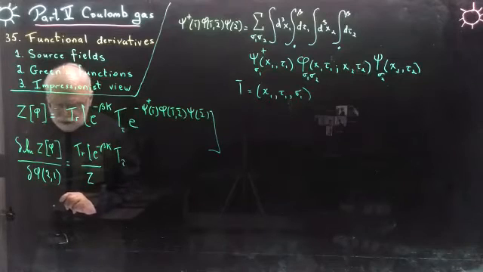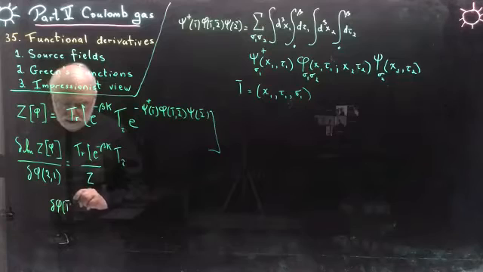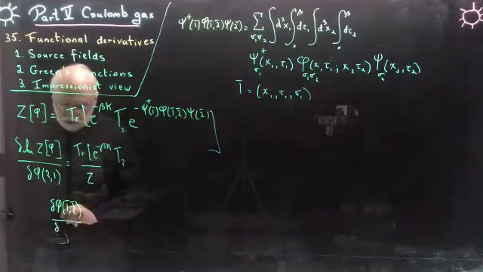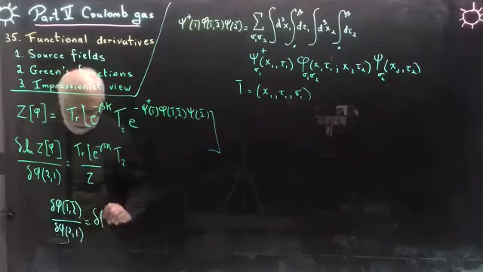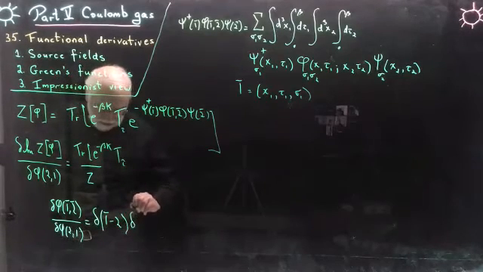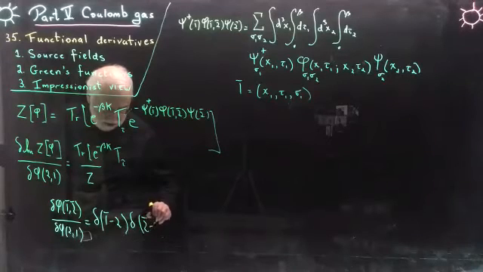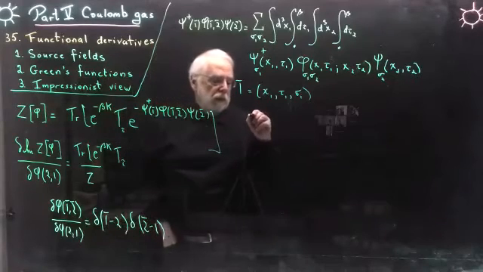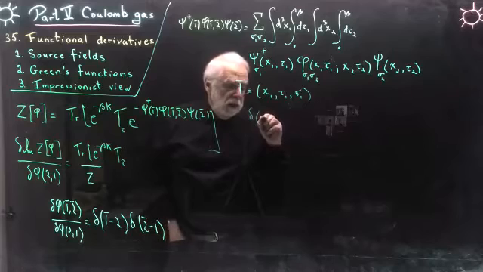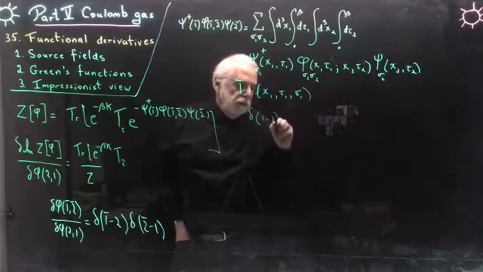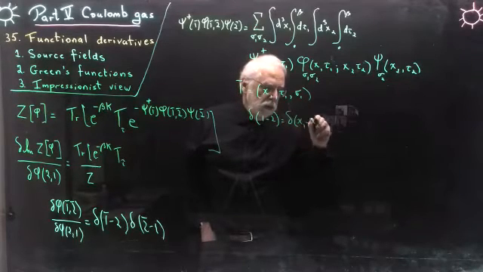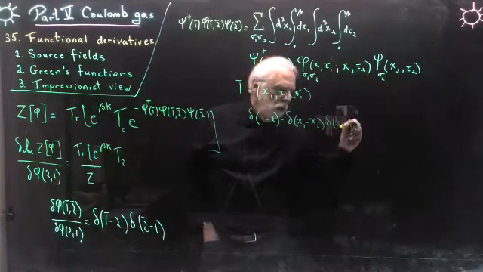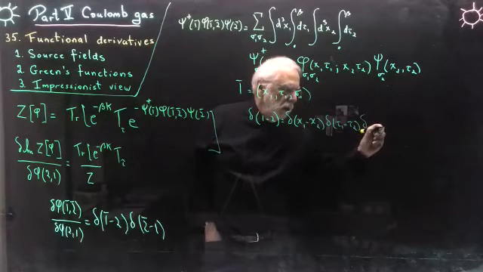Now, I need to tell you what we mean by the derivative of phi 1 bar 2 bar with respect to phi 2, 1. That's equal to delta of 1 bar 2 and delta of 2 bar 1. And what do I mean by delta? Delta of 1 minus 2 is equal to the real Dirac delta function, delta of x1 minus x2, delta of tau 1 minus tau 2, and delta of sigma 1, sigma 2, Kronecker delta.